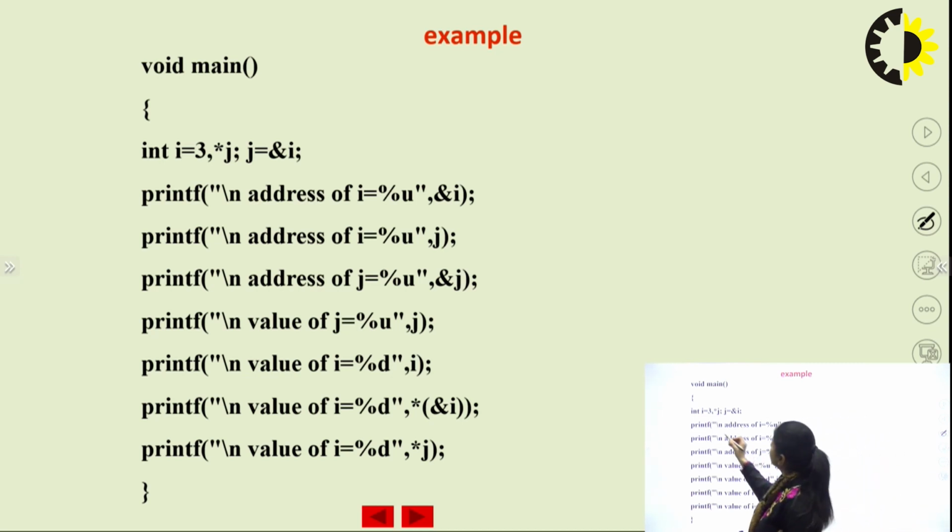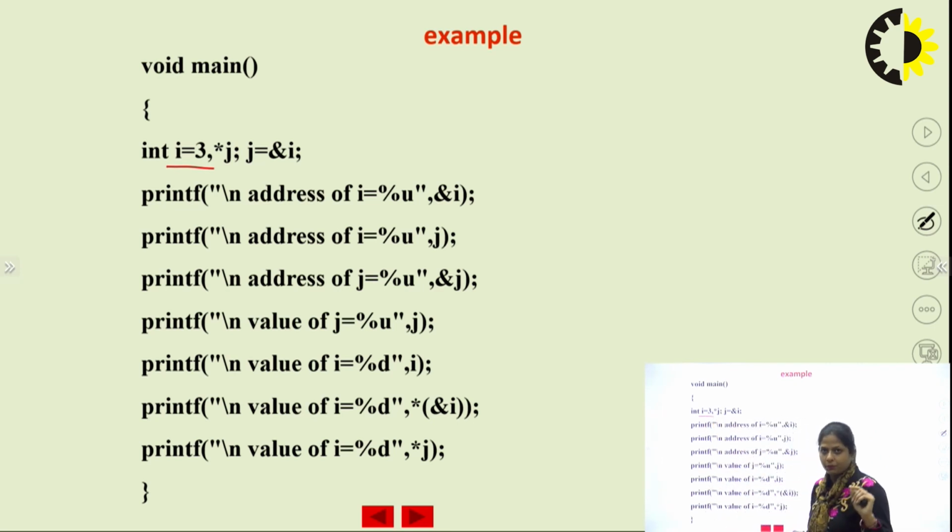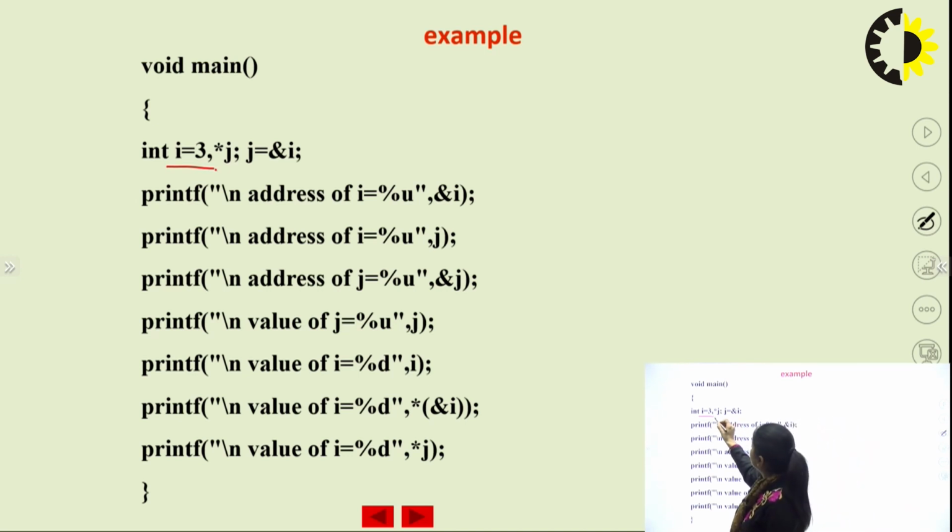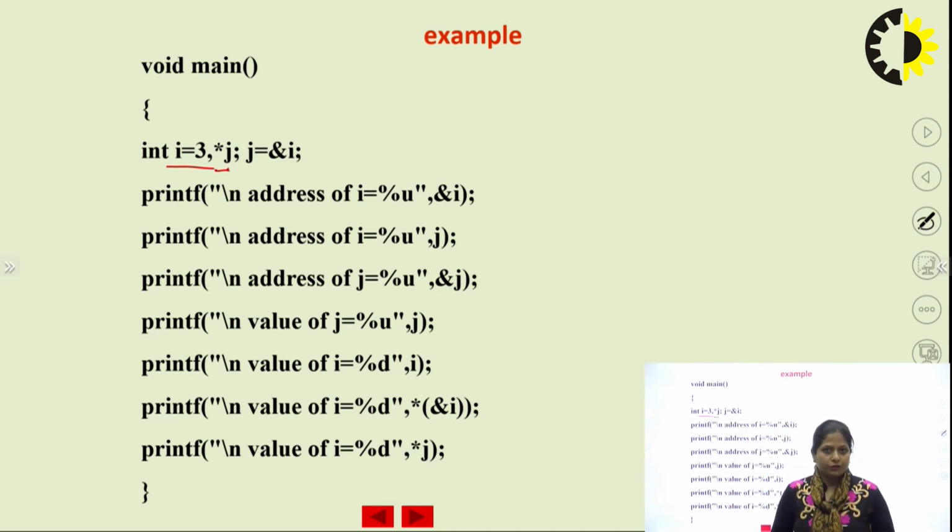Again, we have declared some variables. I have taken an integer type variable I, and I have initialized it as 3. Then I have taken a pointer variable j. Because this is a pointer variable, I can assign the address of I to j.